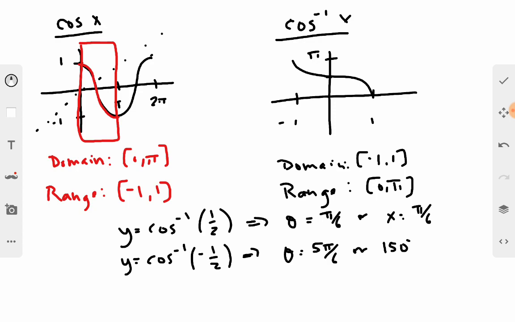All right, so let's look at an example of that. Let's say that we want to do y is equal to cosine inverse of negative 1/2 in quadrant 3.